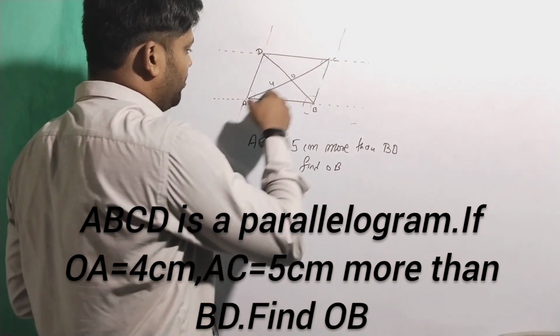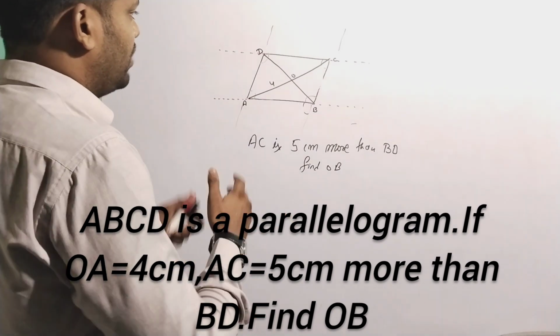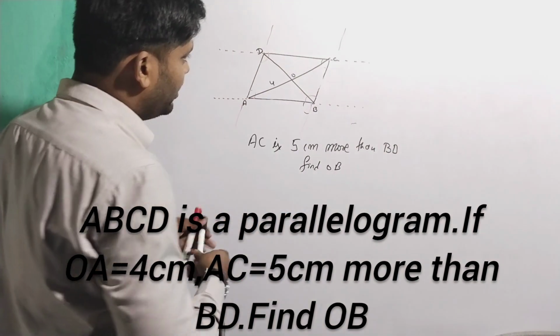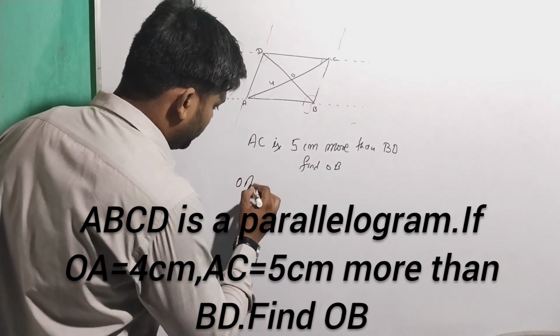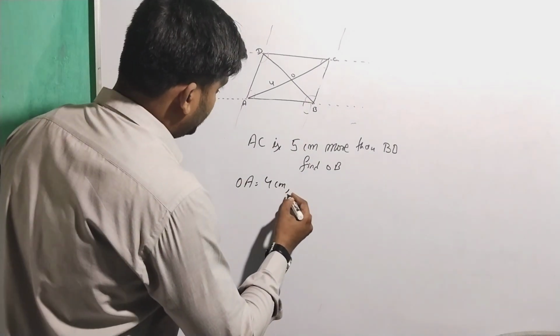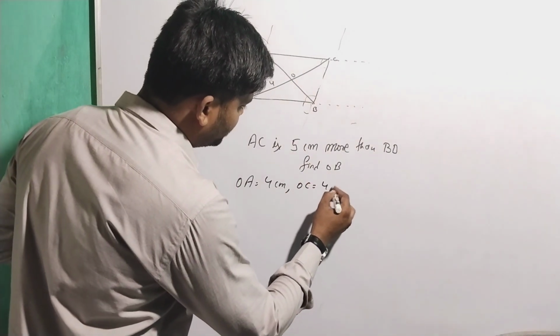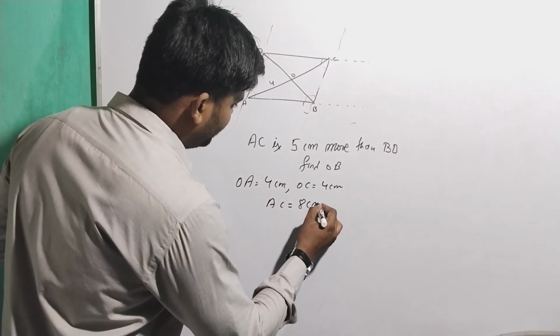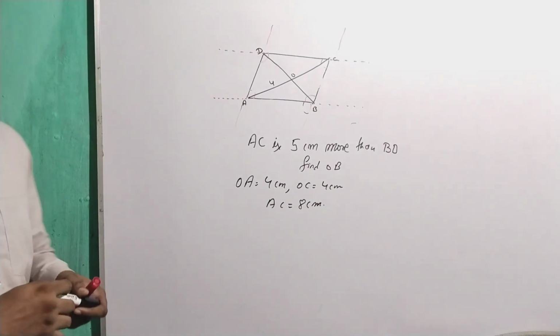In a parallelogram, when the two lines bisect, they bisect into equal parts. So if OA is equal to 4 centimeter, then OC is also 4 centimeter. So we can say AC is equal to 8 centimeter. Can we? Yes sir, we can say.